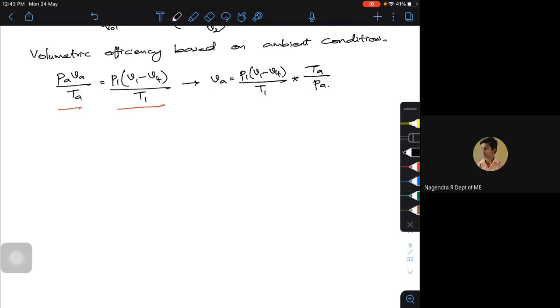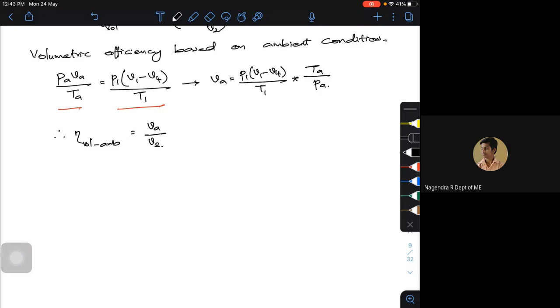So the volume of the air at the ambient condition can be obtained by this expression: if I know P1, V1 minus V4, and the ambient temperature, divided by PA into T1. This VA is the amount of volume delivered at ambient condition. So your volumetric efficiency at ambient condition is equal to the volume of the air at ambient condition divided by the stroke volume.